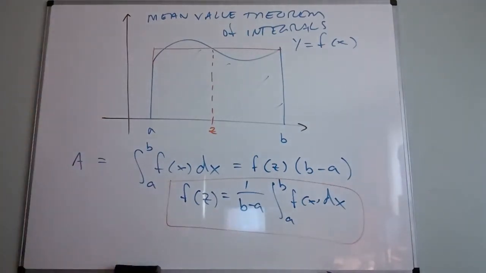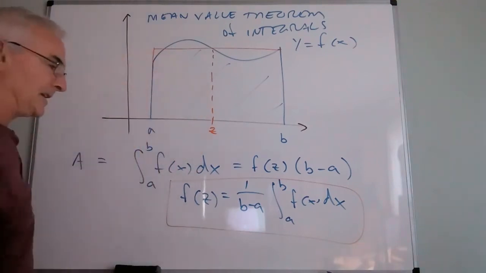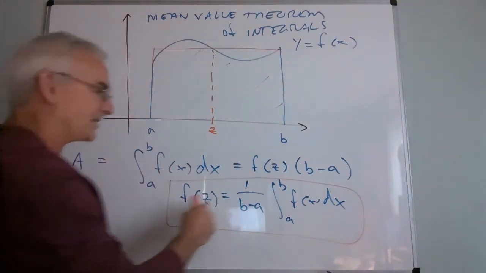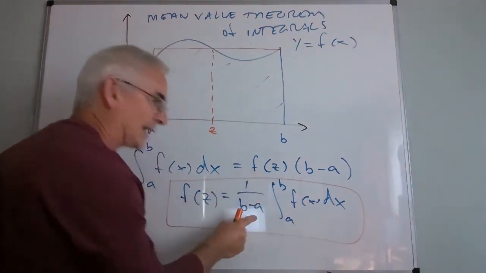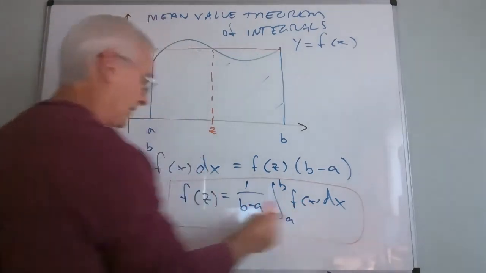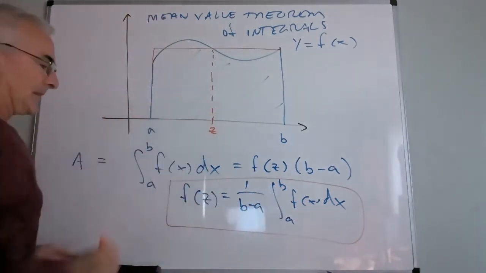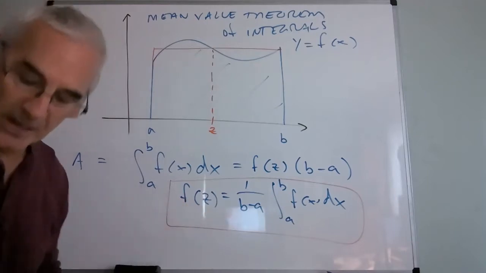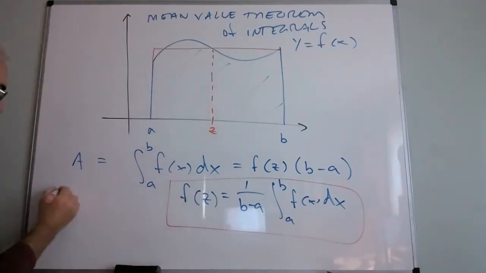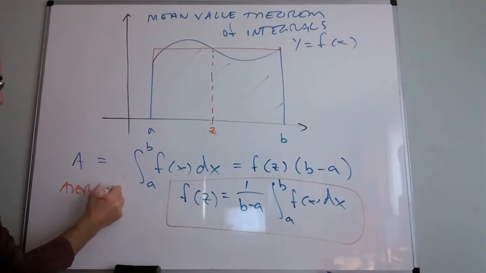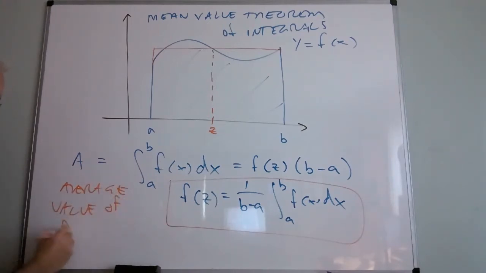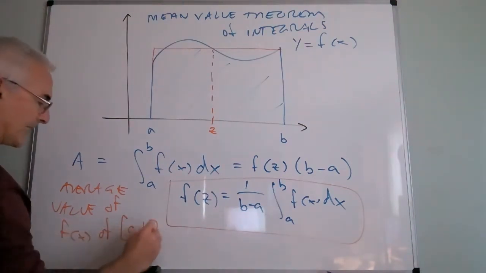If you have a definite integral that you can evaluate, there's a place in there, we'll call it z, such that that height is equal to 1 over the length of the base times the area. That f of z, we often refer to as the average value. So it's the average value of f of x over the interval from a to b.